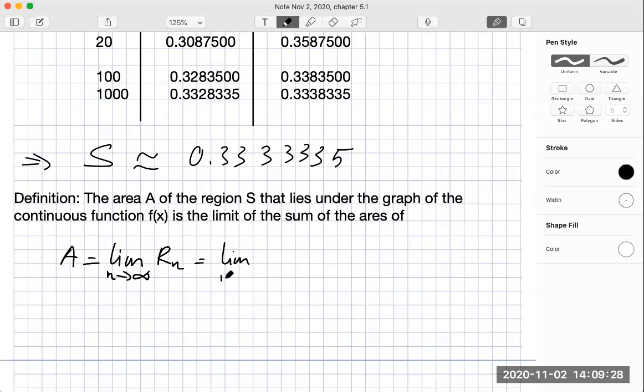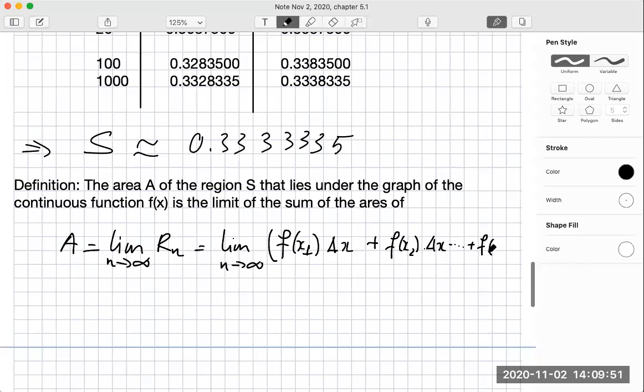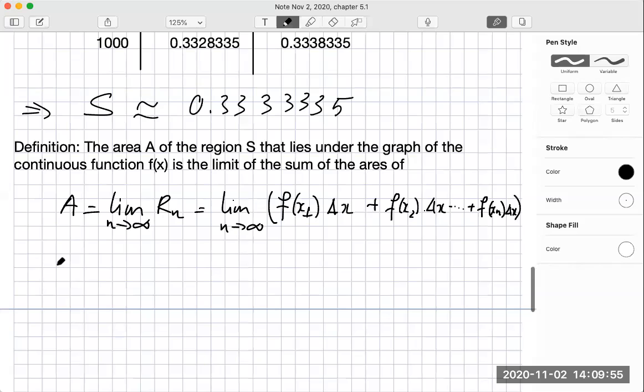which is the limit when n approaches infinity of f of x1 multiplied by delta x plus f of x2 multiplied by delta x until f of xn delta x here, or it is the limit when n approaches infinity of Ln.